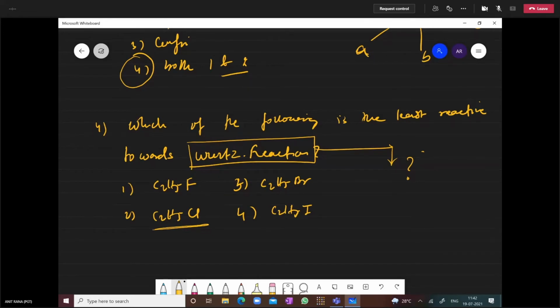What we do most in haloalkanes, haloarenes? Substitution, correct? Wurtz reaction also does the same substitution? Now you tell me, in substitution, what is important? Breaking of the carbon halogen bond? Now you decide which one. I've given a hint.